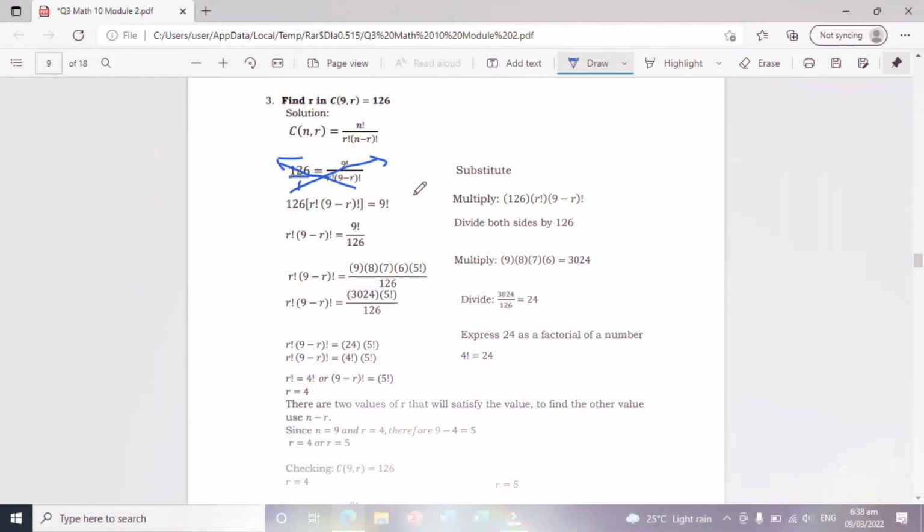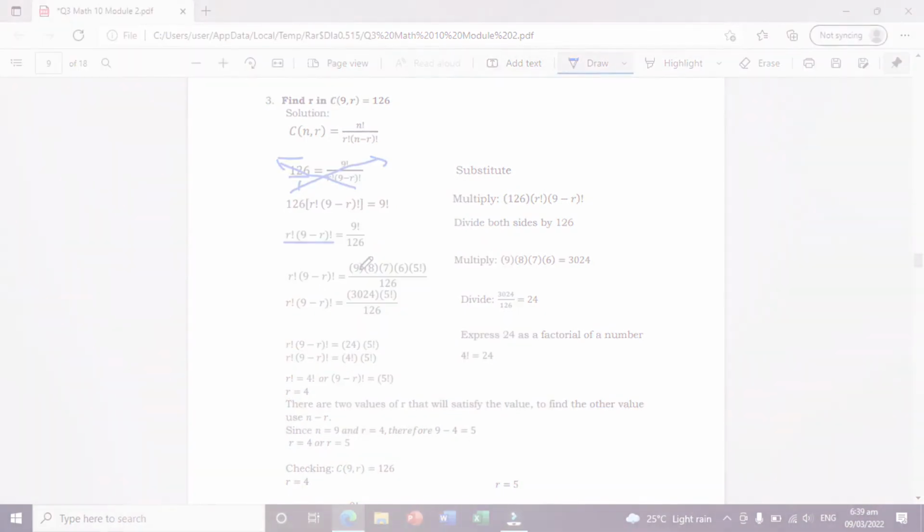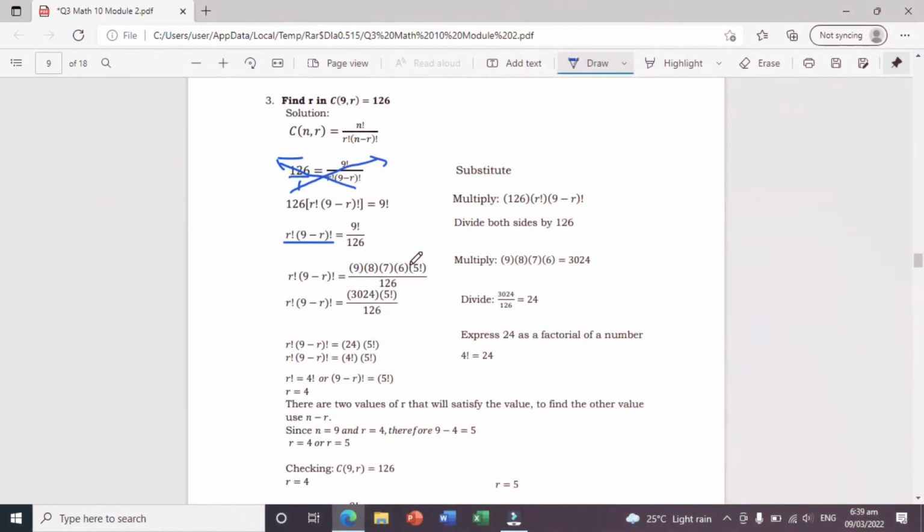And then, we simply divide both sides by 126 because 126 is just a number, and 9 factorial is also just a number. So, R factorial times 9 minus R factorial equals 9 times 8 times 7 times 6 times 5 factorial over 126.